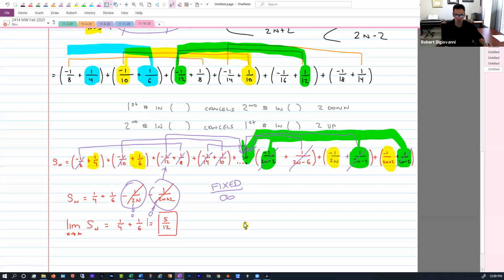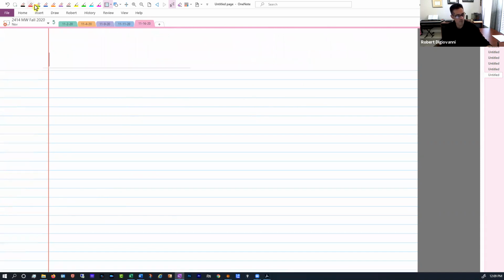It converges to 5/12. All right, I have one more for you. I'm going to let you look at this one for a little while, then we'll talk about it. Sum n equals 1 to infinity of the natural log of (n+1)/(n+3).